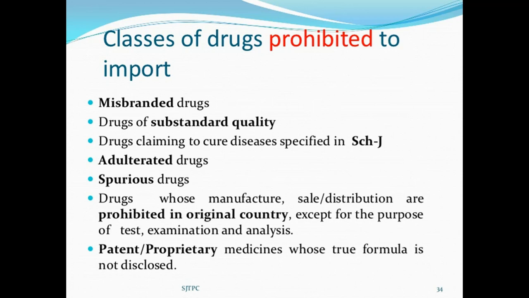Another thing is drugs whose manufacture, sale and distribution are prohibited in the country of origin. Suppose some drugs are banned due to adverse effects. Recently, you may know, the government banned some diclofenac preparations in the country of origin.